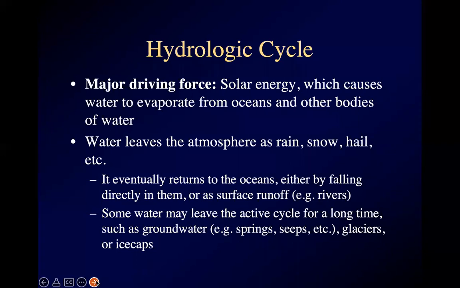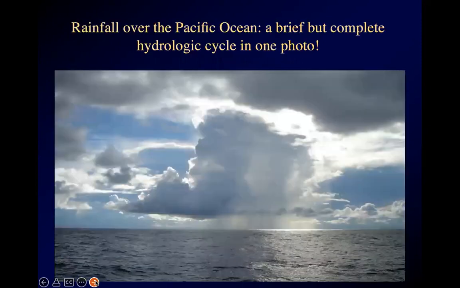Water might also get locked out if it freezes and falls on the Arctic and the Antarctic, or on high mountains where it builds up ice caps and glaciers. Water in groundwater or water in glaciers and ice caps is out of the loop for a while.